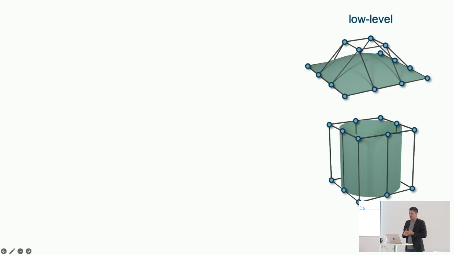Because a good parameterization should give you sufficient degrees of freedom to enable meaningful improvements of the objective while preserving the original intent, the designer's intent, of the object. Usually on a low level, for example, you have these control points that define your surface, and you don't really want to optimize directly on these control points, because if you start moving them around independently, you get something that looks very ugly.